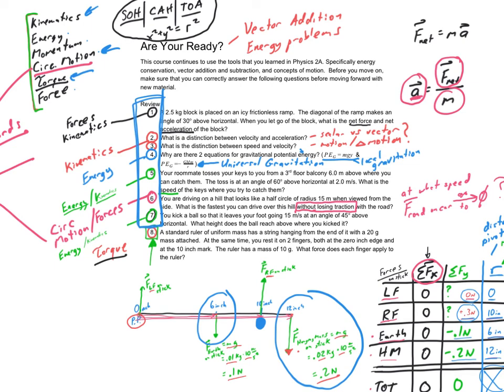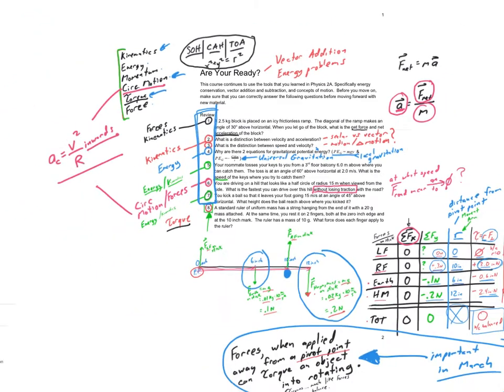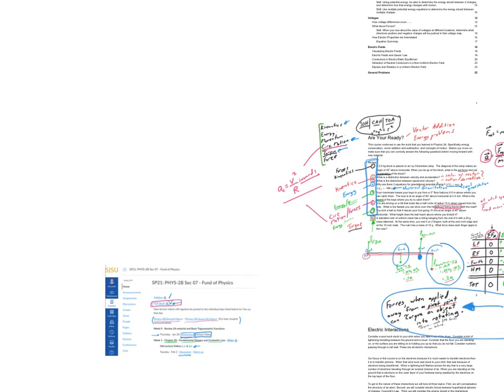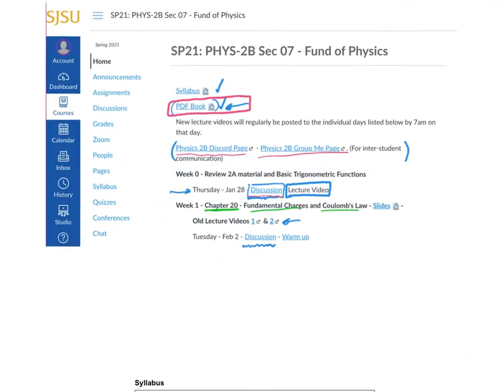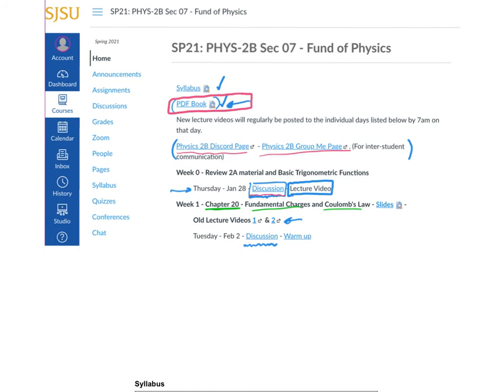And that'll be your first warm-up to do next week. Until then, practice these. If you would, and that'll see how much of the stuff from Physics 2A you're ready with.